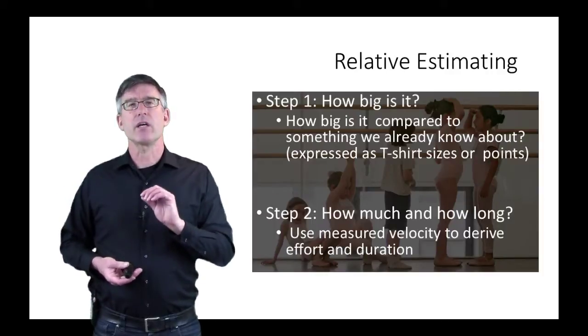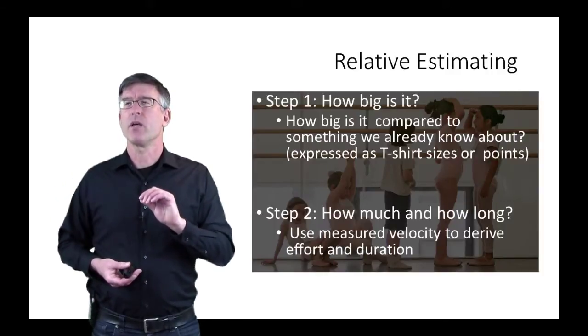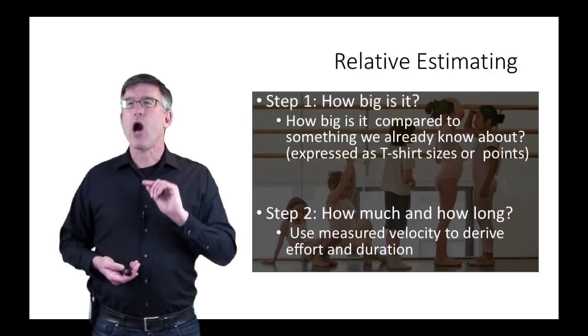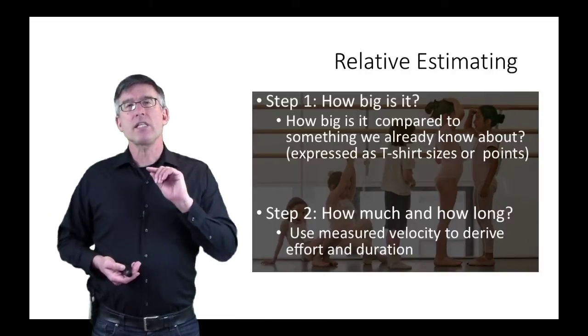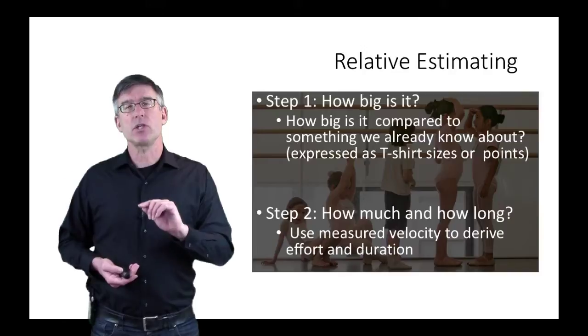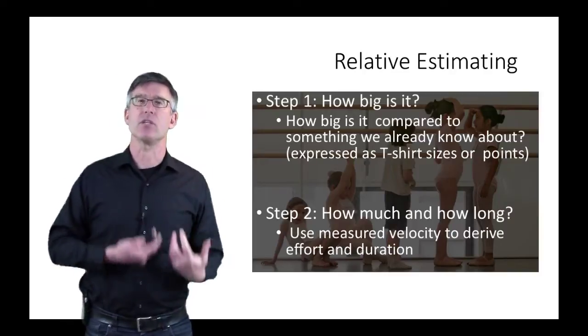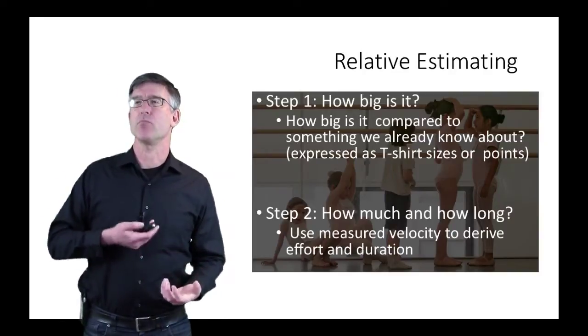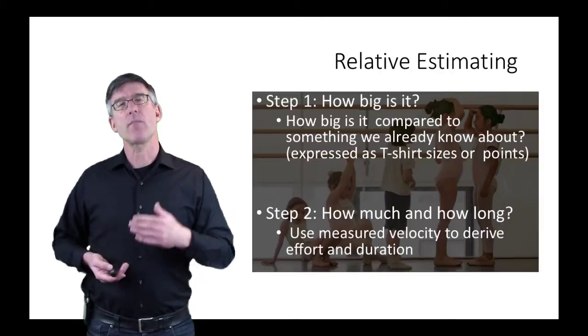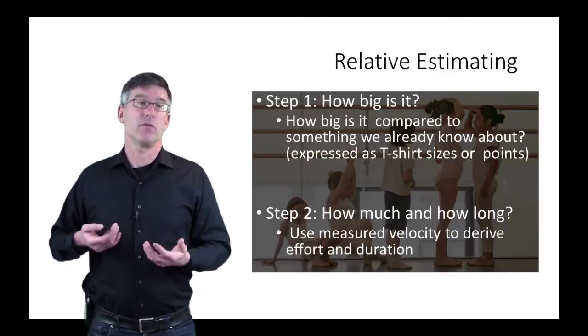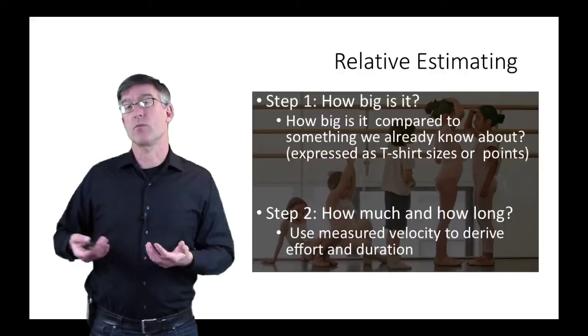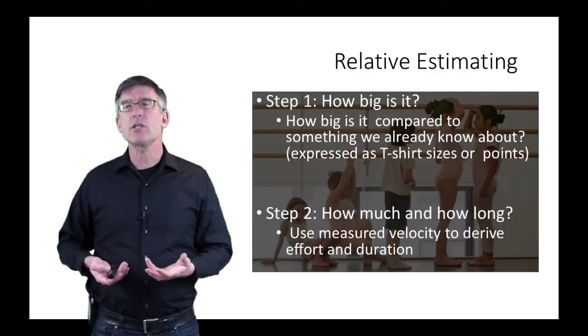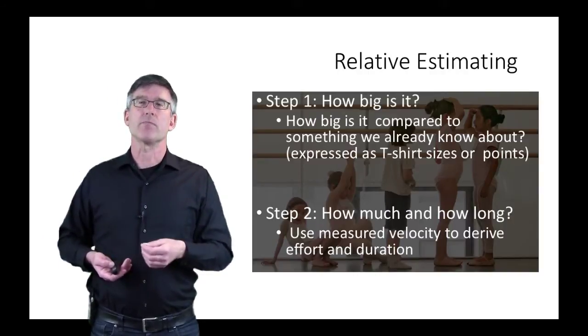So relative estimating comes down to this formula now. When we ask the question, how big is it? We take the new system and we compare it to the existing systems, and we say, is it bigger, smaller? And we come up with a measure in terms of what's sometimes referred to as t-shirt sizes, or we come up with points.